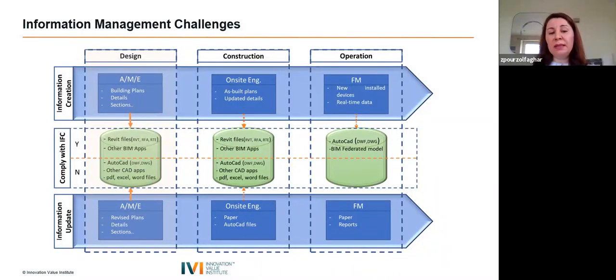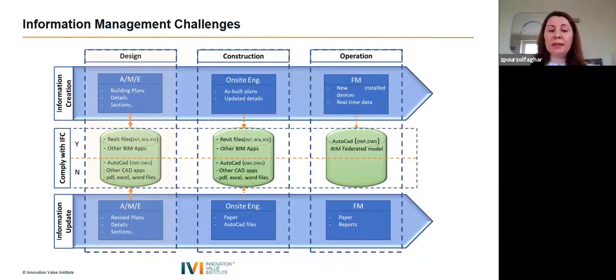One of the problems is that the information is created in different information creation environments. On the left side of this image, we have names of some of these environments, like Revit or AutoCAD, or some of this information is in PDF format and Excel format.